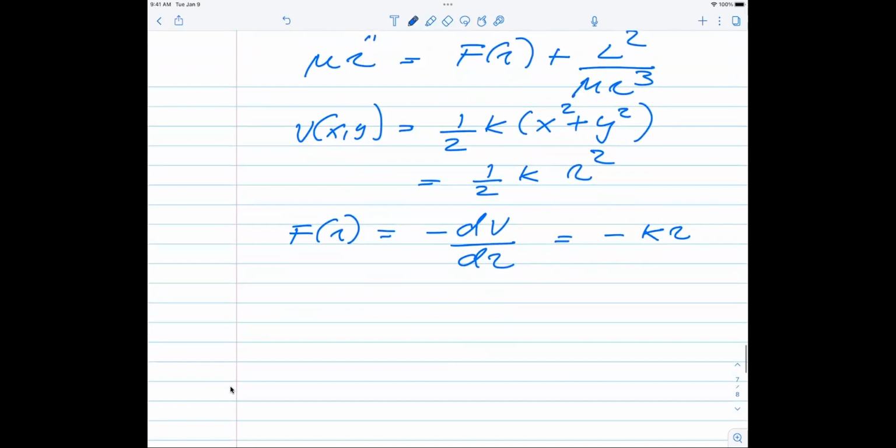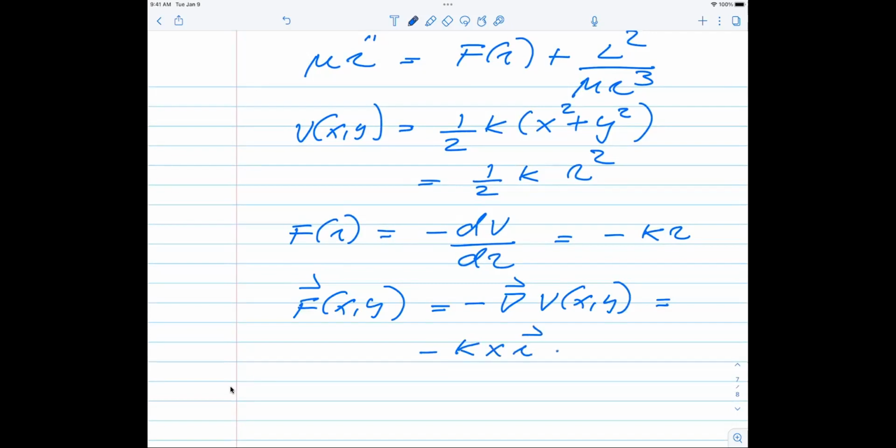And we can also rewrite this as f of x, y. If we now think in terms of vectors, this is given by the gradient of the potential in terms of x and y, which in this case is minus k times x times the unit vector in the x direction, minus k times y times the unit vector in the y direction.